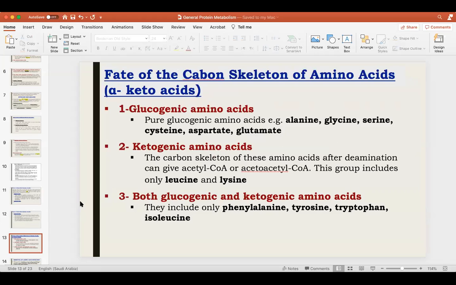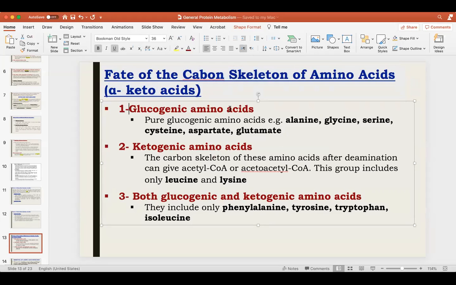When we remove the amino group from the amino acid, it will be converted into alpha keto acid. We are going to see it in the diagram. The carbon skeleton, the alpha keto acid, either will give me glucose, so the amino acid is glucogenic. You have to study perfectly and be able to memorize and remember all these amino acids which give glucose only.